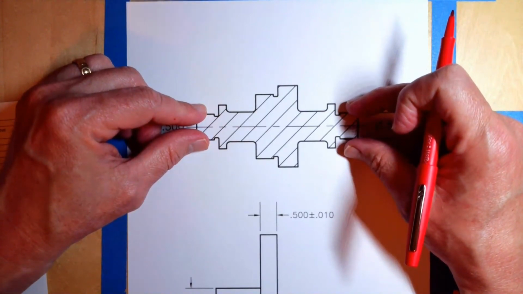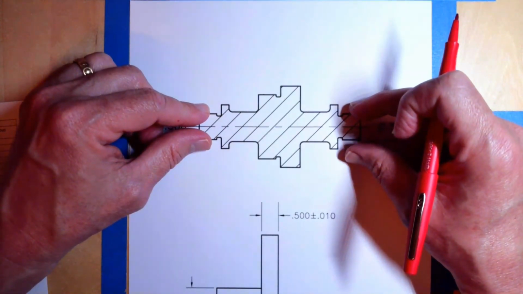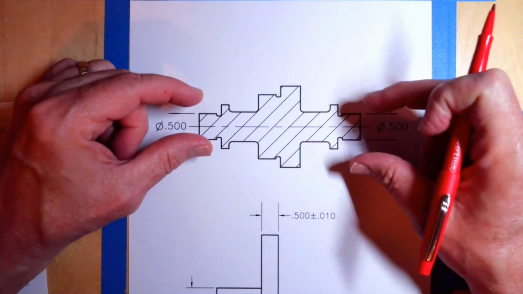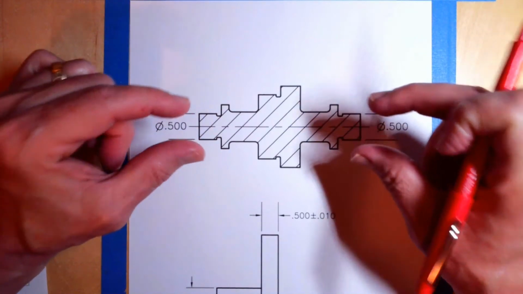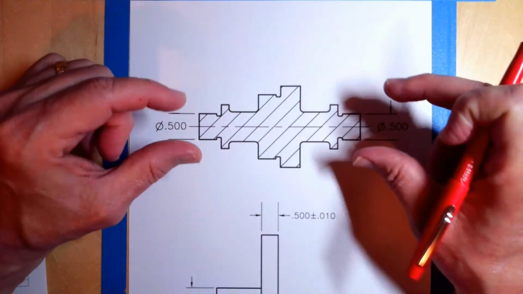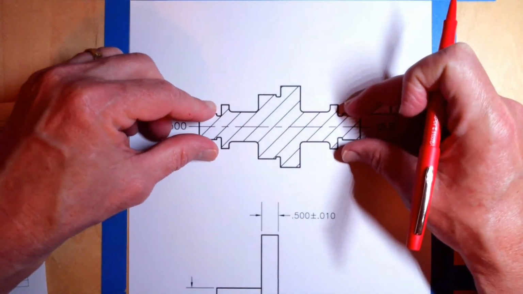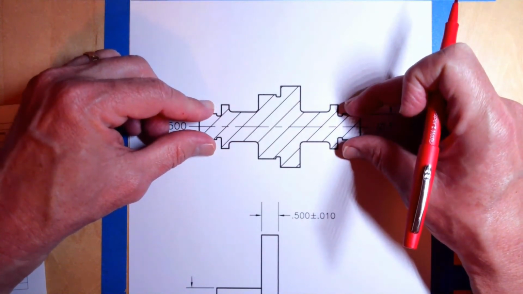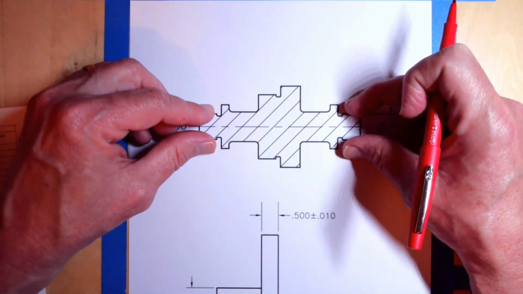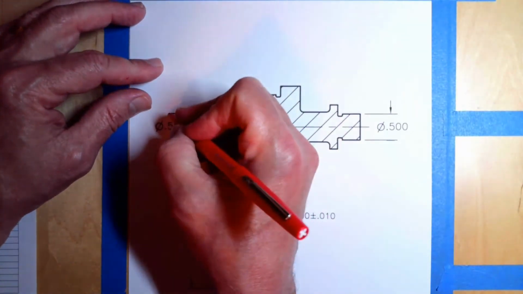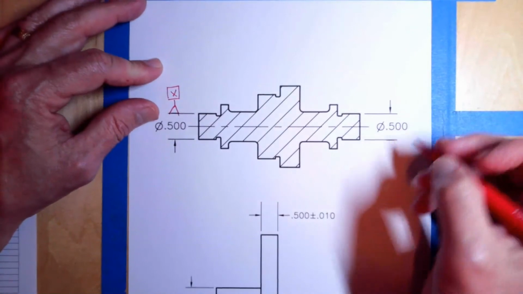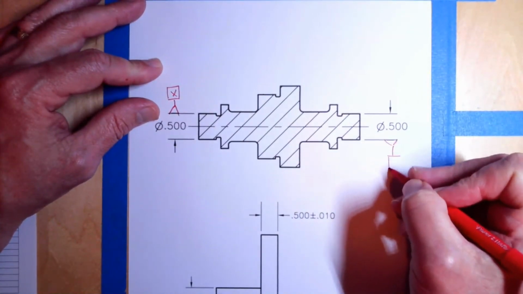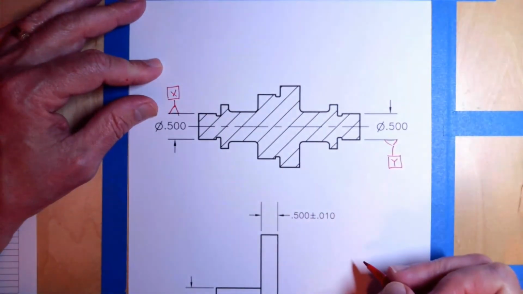And bearings provide the most common sense method for establishing where the part lives. Remember, datums say where the part lives. And if we have a bearing here and a bearing here on the left and the right, that's where this part lives in the machine or mechanism. So here, we're going to say this is datum X. We're going to say this is datum Y, right?